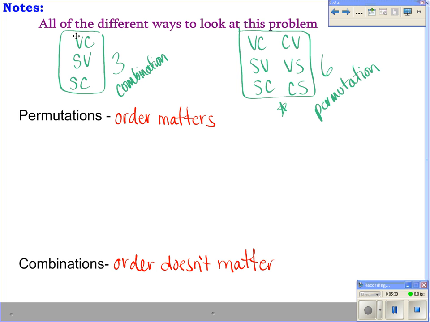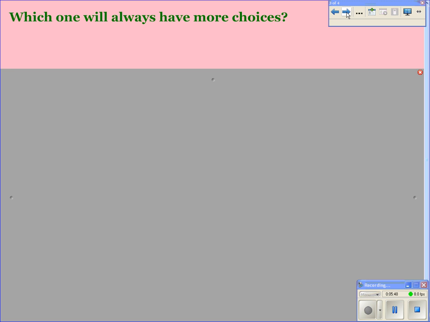If you're lining things up in a bookshelf, if they specifically say how many different ways can you order these things, then the order is going to matter. So you have to look for clues in the problems in order to figure that out. So, looking at this question, which one is always going to have more choices?